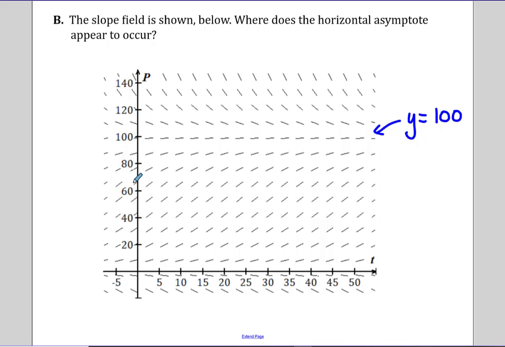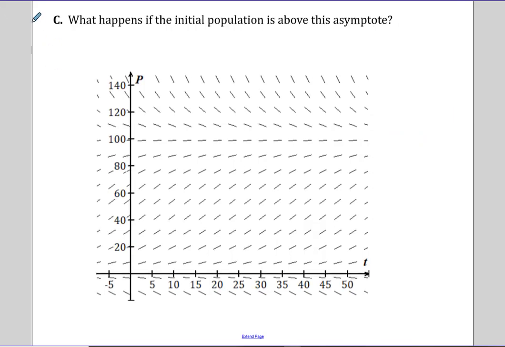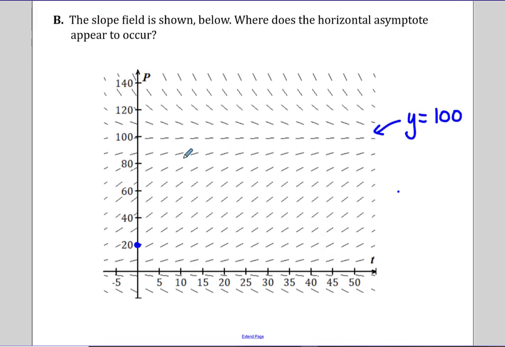We want to be able to draw that curve. So using our calculator, let's go find the general solution. So we'll graph the graph after we find the initial solution in part E, I believe.